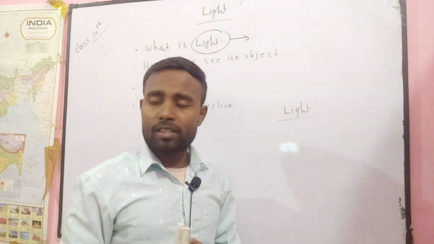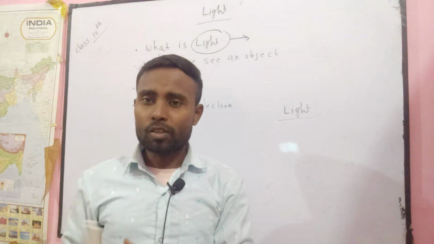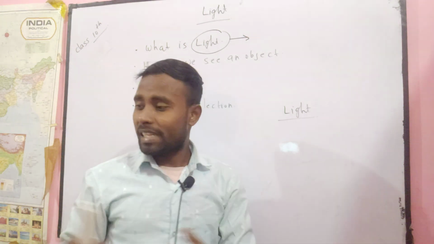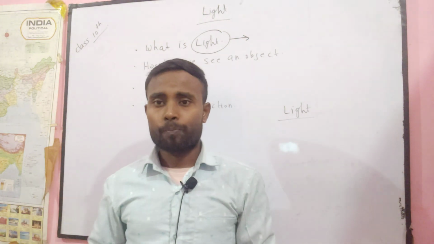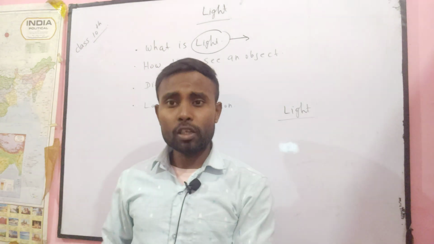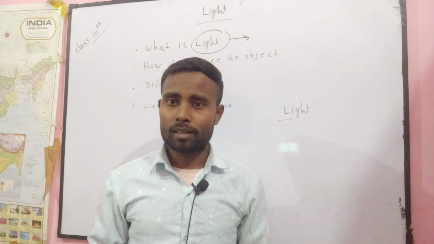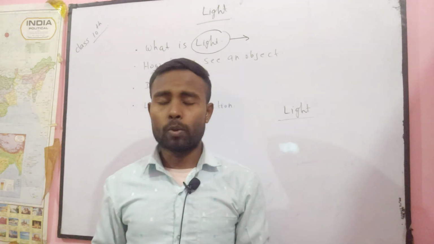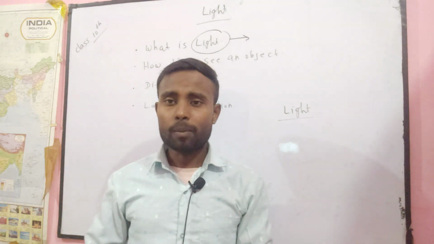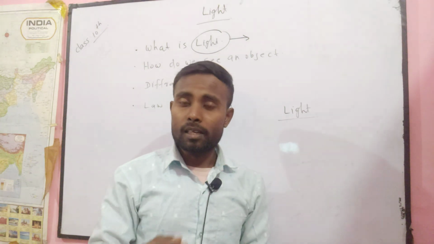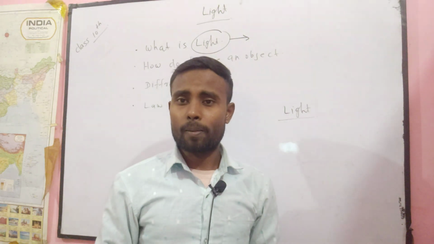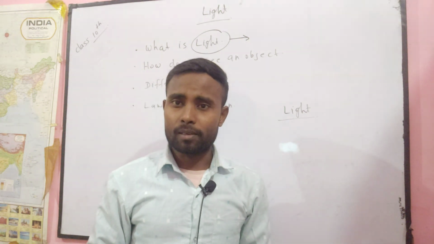In the night, suppose you are in your room, you cannot see any commodities or any material put in your room. Still you cannot see which objects are placed where. Why? Because at night the light of the sun does not reach.